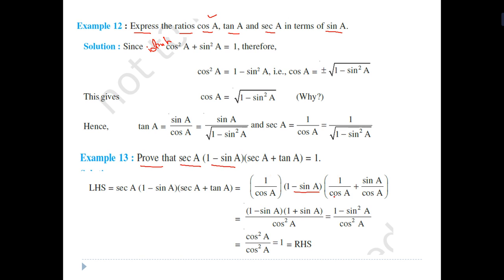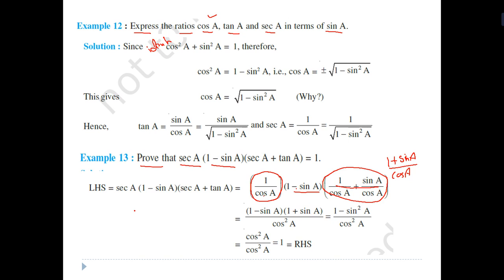Again sec A plus tan A is 1 upon cos A plus sin A upon cos A. Now the denominator is the same, so 1 plus sin A upon cos A. And one more cos A in the denominator from the first factor.